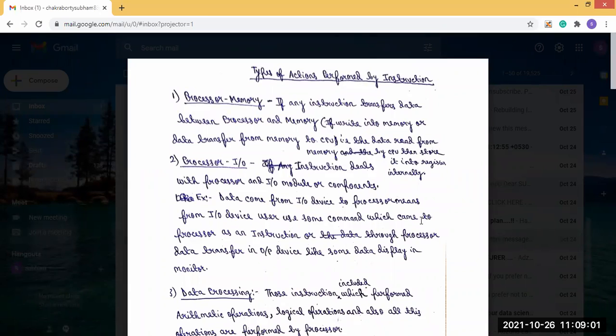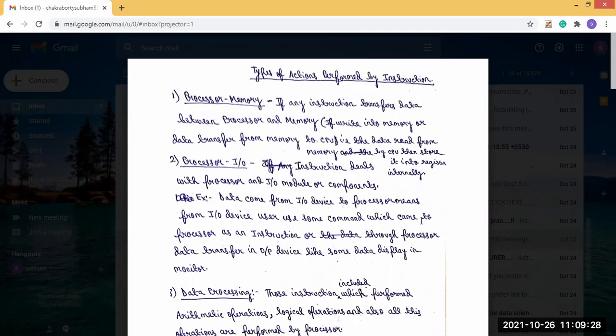The data comes from an input output device to the processor, or from the processor to an input output device. These two types we can perform.